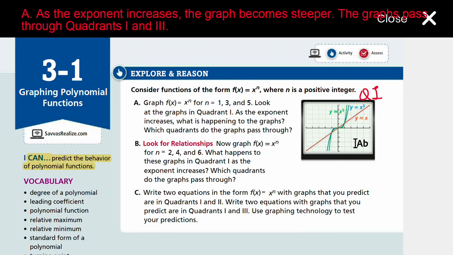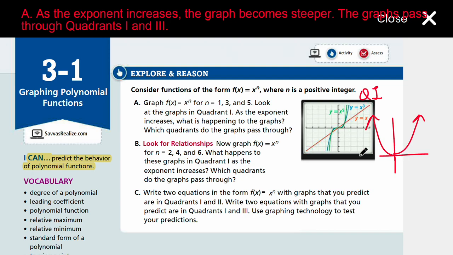So now graph f of x is equal to x to the nth power for n is equal to 2, 4, and 6. What happens to these graphs in quadrant 1 as the exponent increases? So when you graph them in a graphing calculator or technology, what would you see, right? So we know the quadratic function is going to look like that.